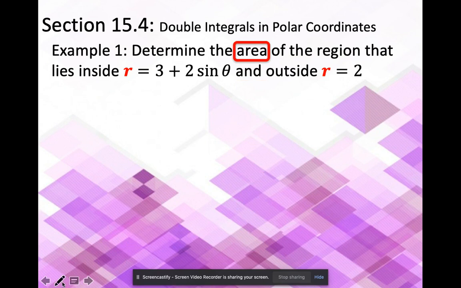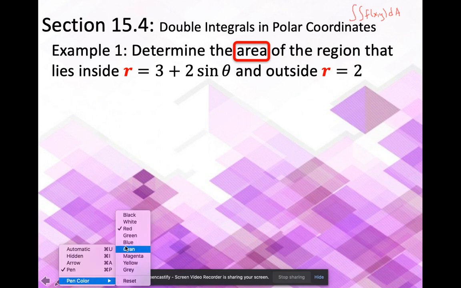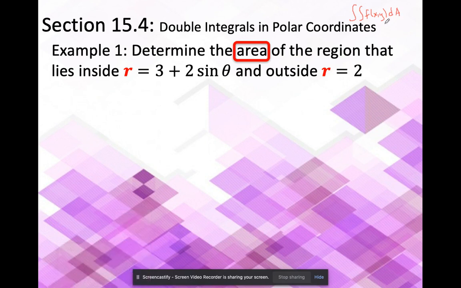But I want you to look at this word, area. Now, I don't know if we've quite made this distinction before, but when we've been doing double integrals, we've conceptually or visually talked about this as area times that height, because this is z equals a function in terms of x, y.